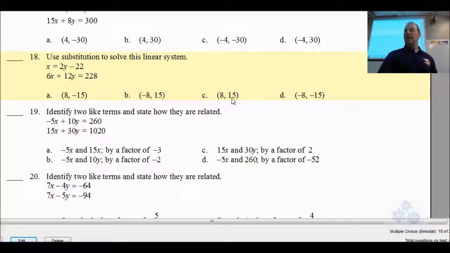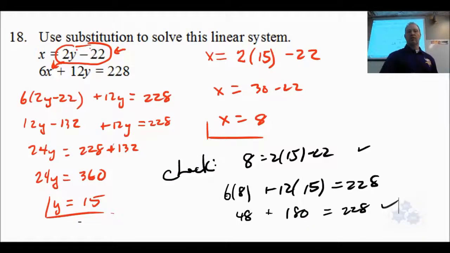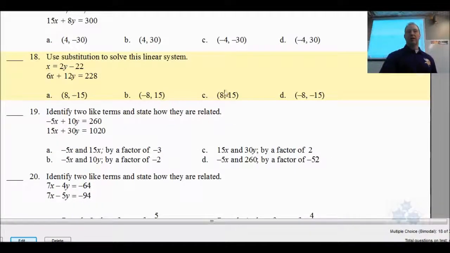So if you get an answer that doesn't show up, you either start over the process, or you can say, I think it might be this one, so you quickly plug these values in. There's the x, there's the y. Just see if those work. So 8 and 15, that would be the one, so C is your answer.